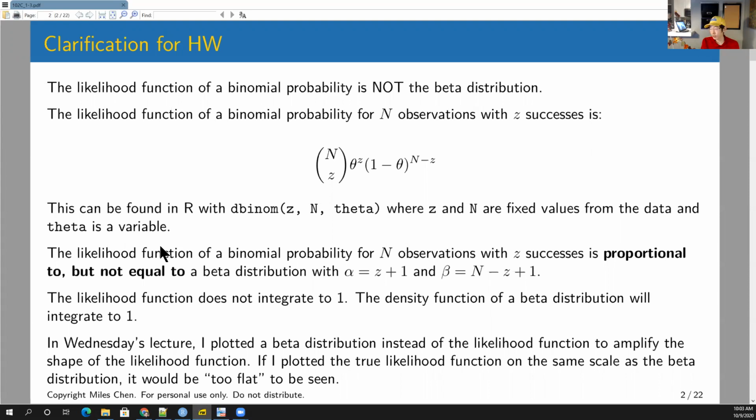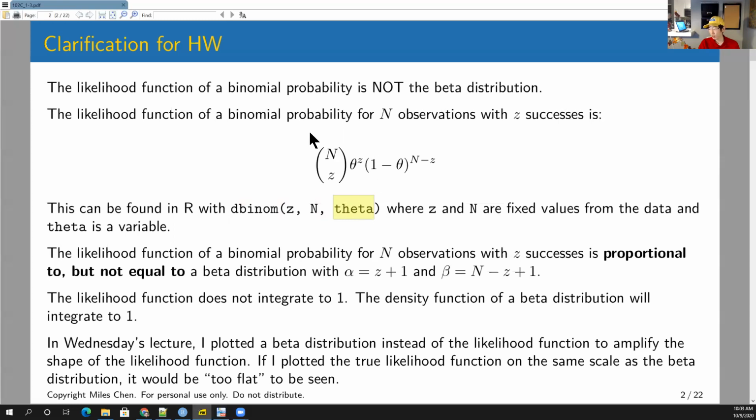Only theta changes. You can use R's dbinom if you want this likelihood, where z and n are fixed values and theta is the variable that ranges from 0 to 1.